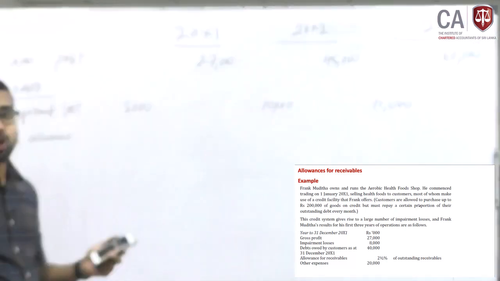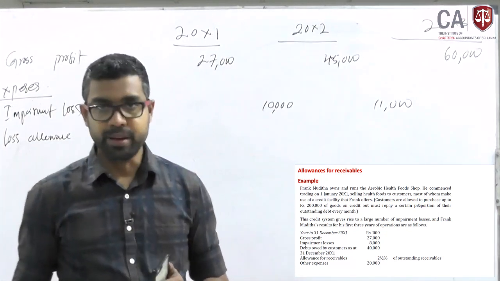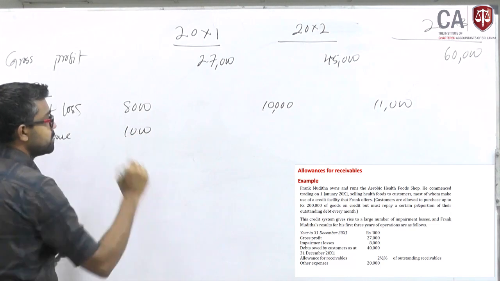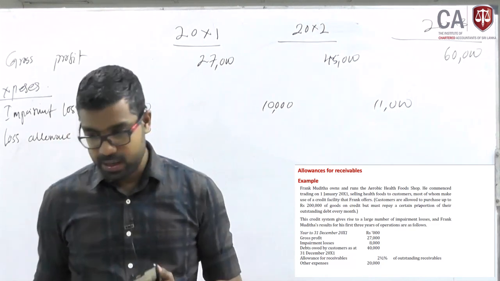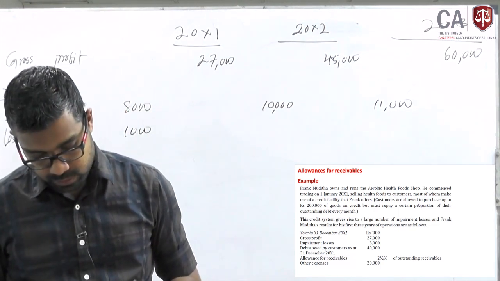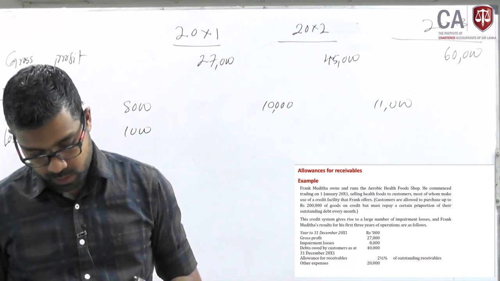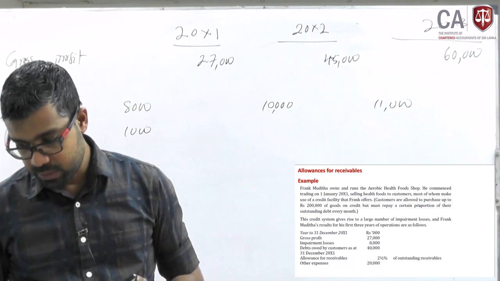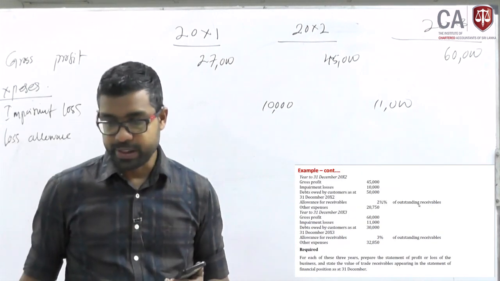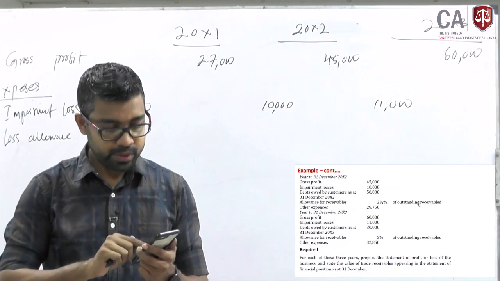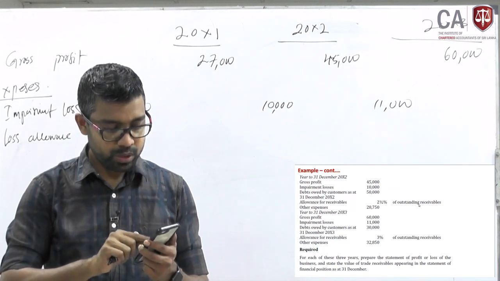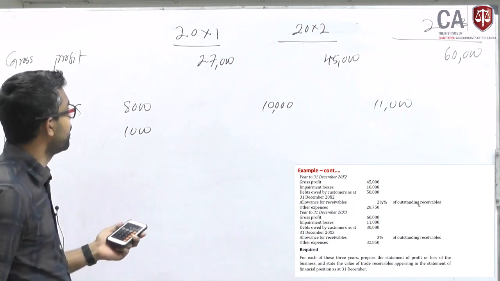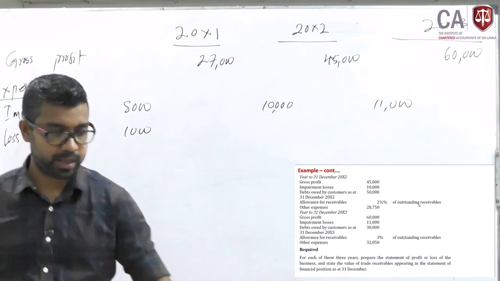Double entry: loss allowance account debit, debtor credit, 1,000. Next year 50,000 into 2.5% is 1,250. Closing balance 1,250.